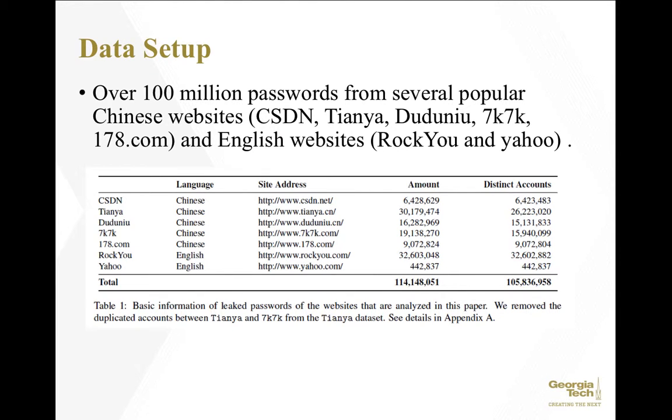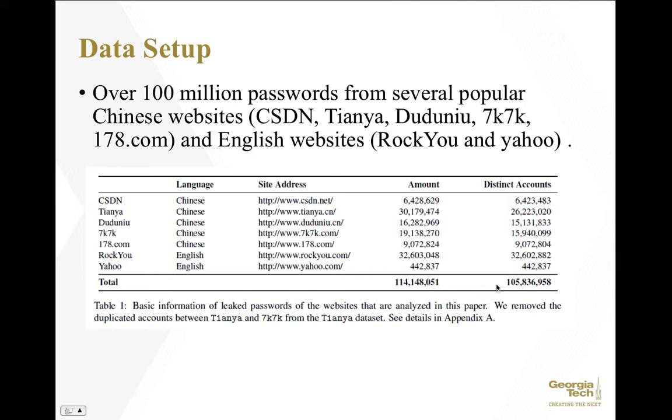Data setup. Here we have over 100 million passwords from several popular Chinese websites, such as CSDN, Tianya, Duduniu, 7K7K, 178.com, and two English websites, RockYou and Yahoo. From this Table 1, we can see there are originally about 114 million passwords.